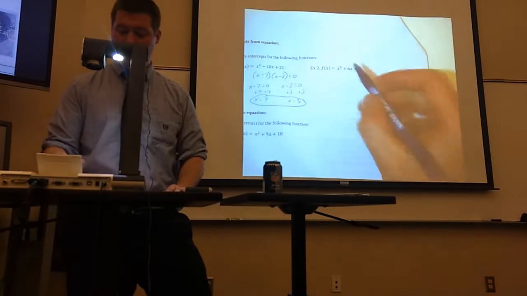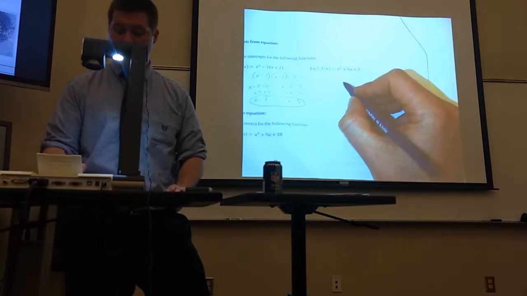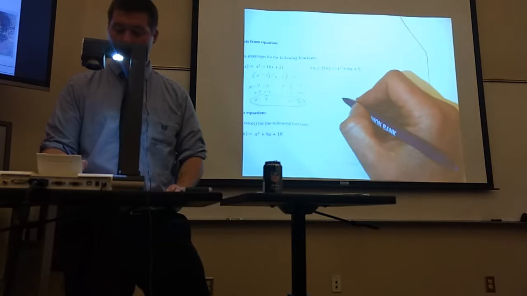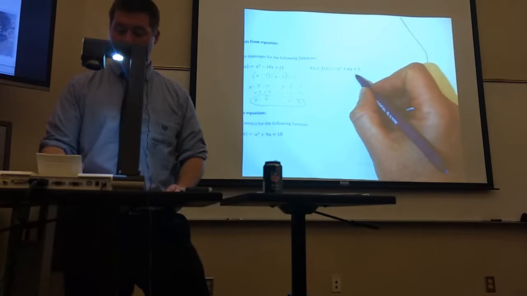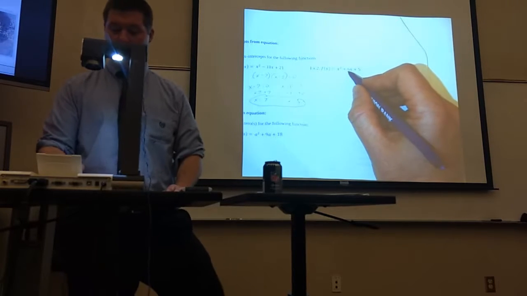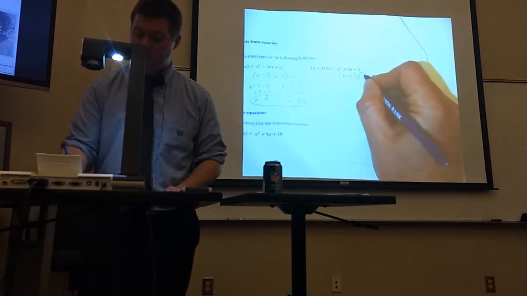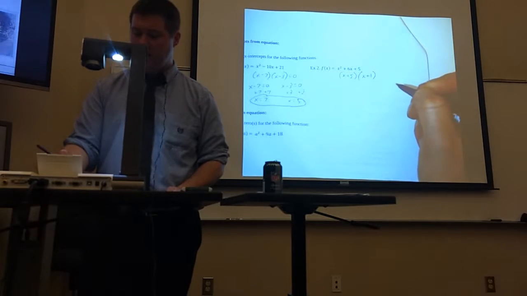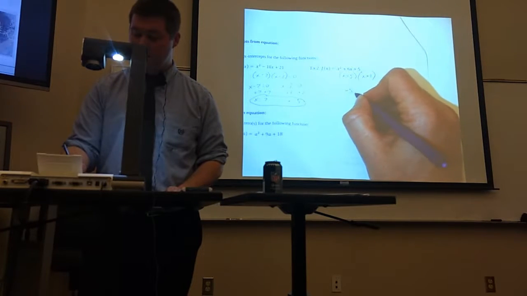Next one, x squared plus 6x plus 5. What am I looking for? Yeah, they've got to multiply to give me 5 and add up to give me 6, so that's 5 and 1. Now once I've got the factors, the zeros are, yeah.